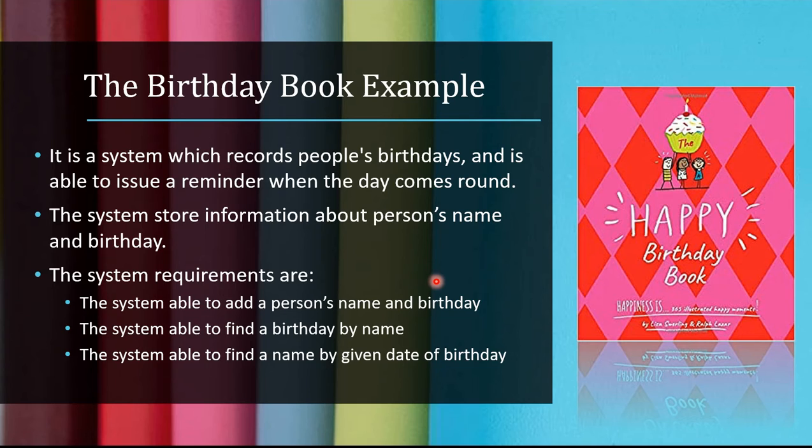Lastly, the system is able to find the name by giving the date. It's the opposite of the second one: you give the date and you get the name.